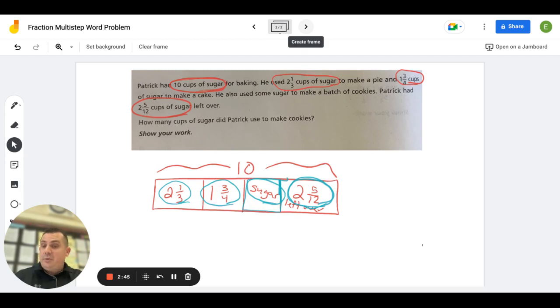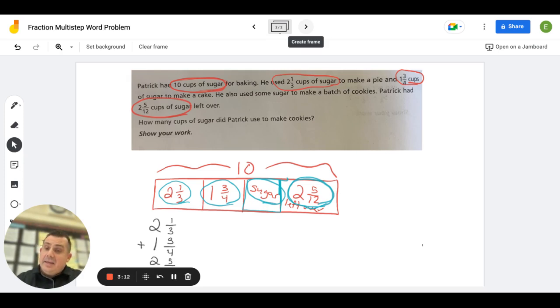You can solve it a couple ways, but how I would do it is I'm going to add those three amounts together: the 2 1/3, the 1 3/4, and the 2 5/12.